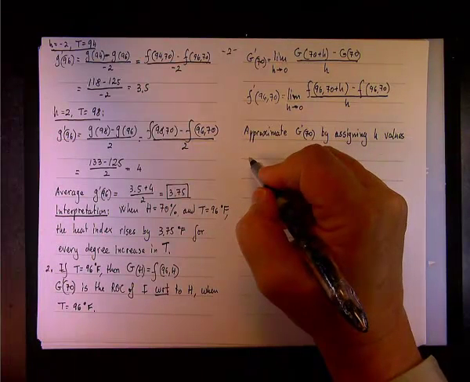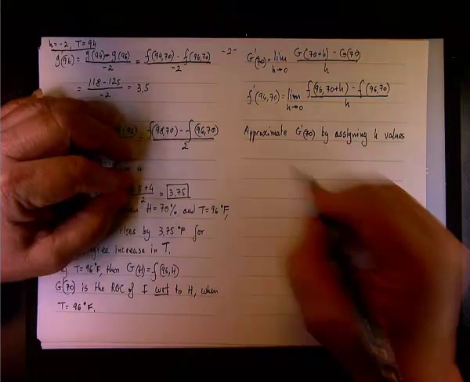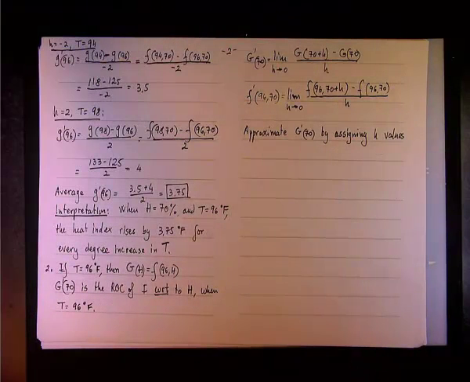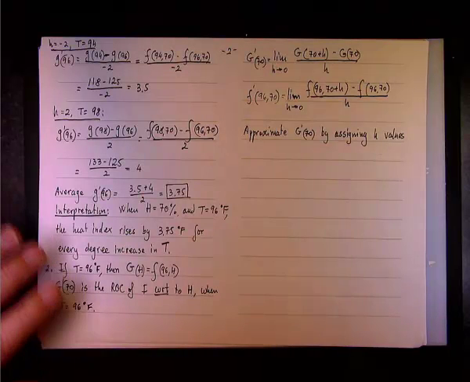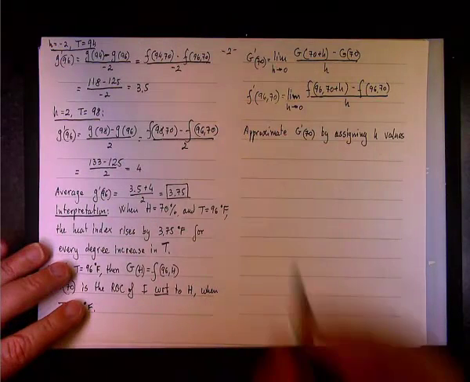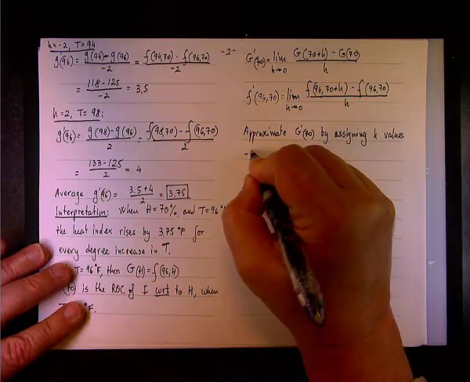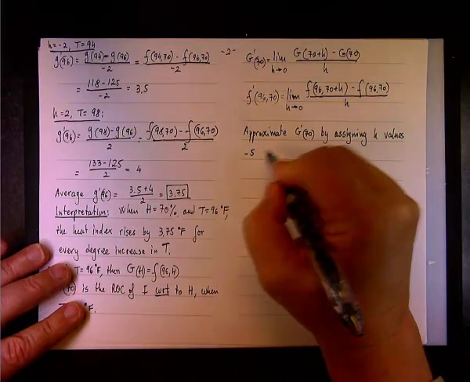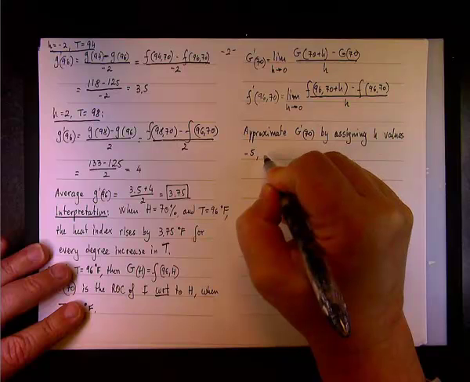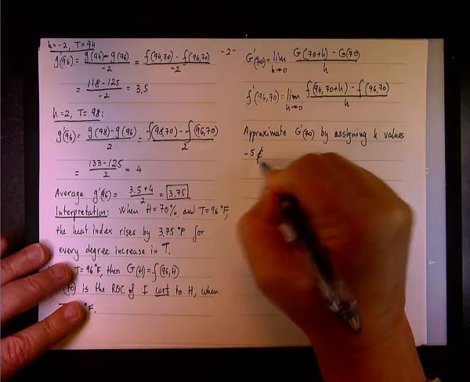So, again, we approximate this derivative, G prime at 70, by assigning different H values.